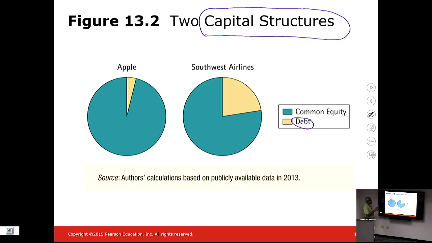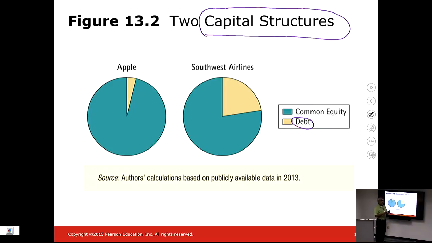So given that there are differences in capital structure across firms, and for good reason, one of the reasons that Southwest Airlines has more debt than Apple is because Southwest Airlines operates in an industry that is more asset-based. To take debt, the firm has to collateralize the debt.